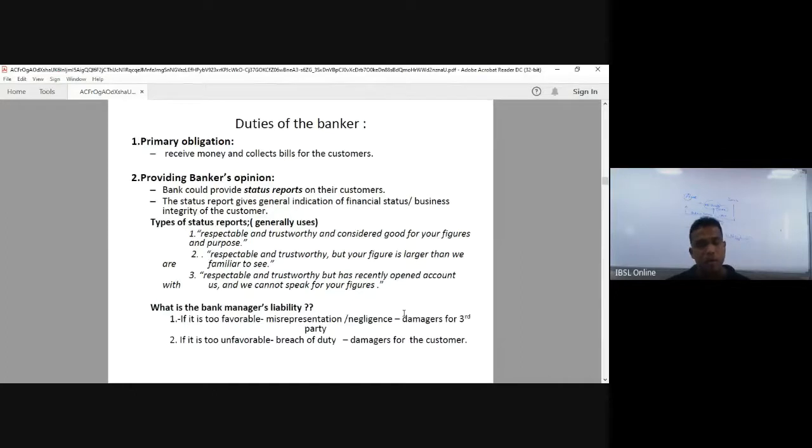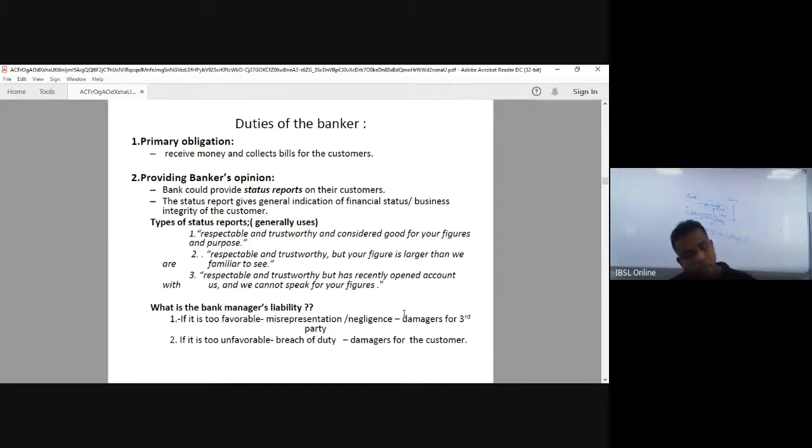If it is a current account, issue checks. That is the intention of the customer. So if the bank allows a person to open a current account, the primary obligation of the bank is to receive money and collect checks or bills of the account holder. That is the primary obligation.